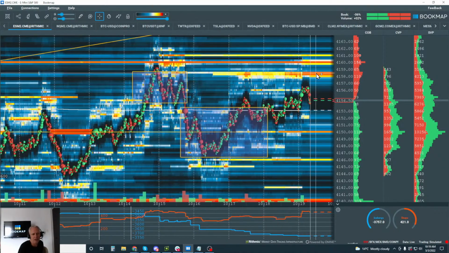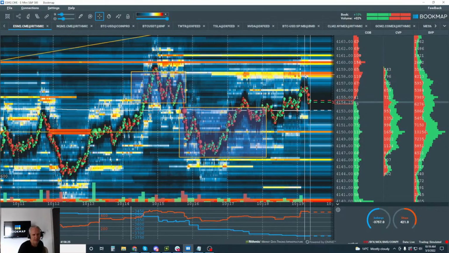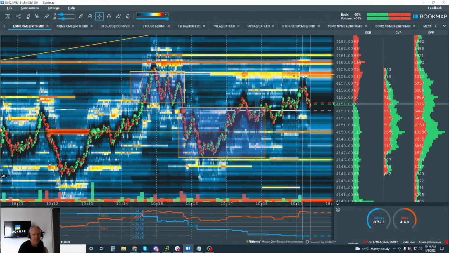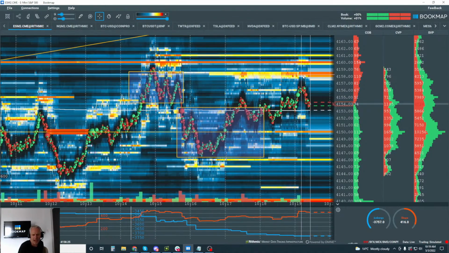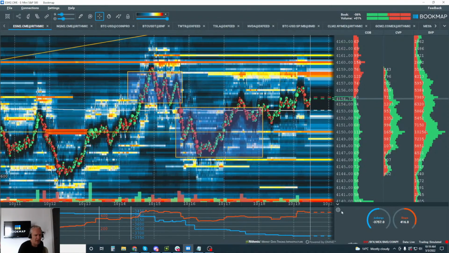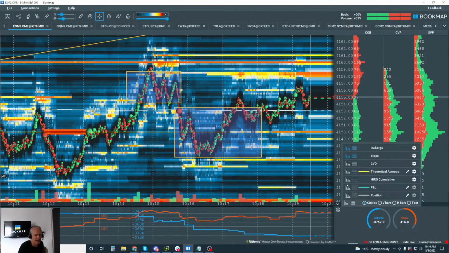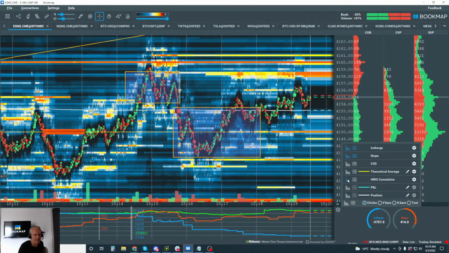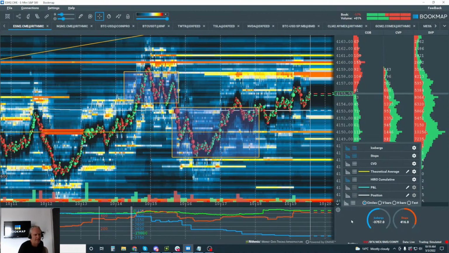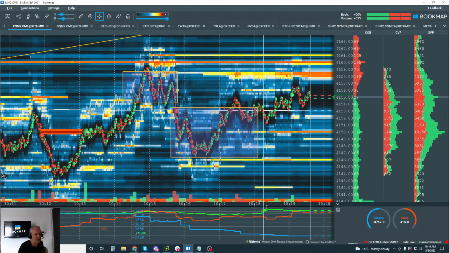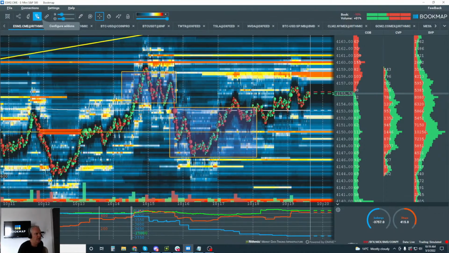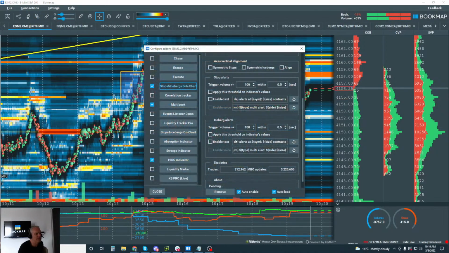Okay, but we know where the supply is. It's up here at 59 or 58 and a half. I do have Hero. We can turn that on and get some insight on that. I have it in the sub chart and the cumulative. I also have it on chart, I'm just not showing it.